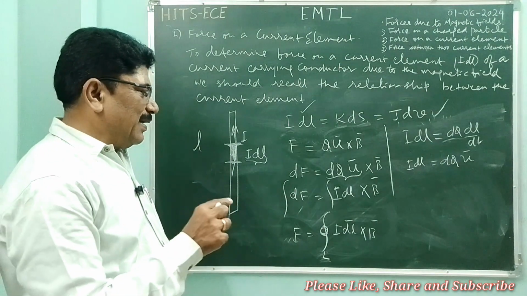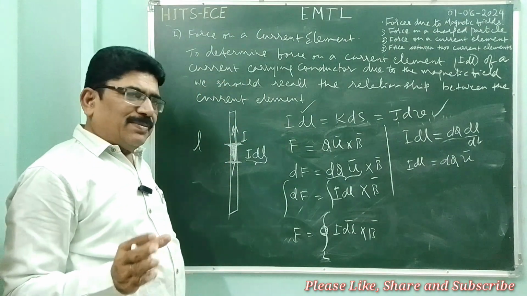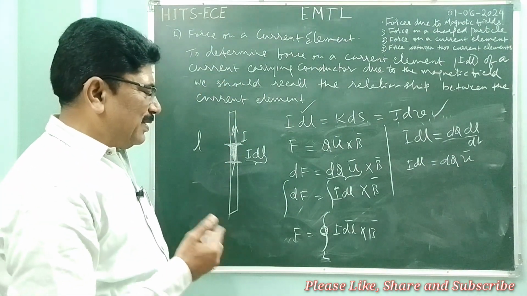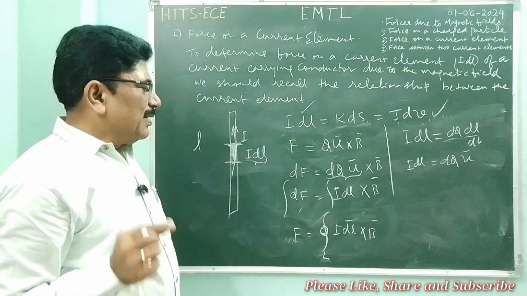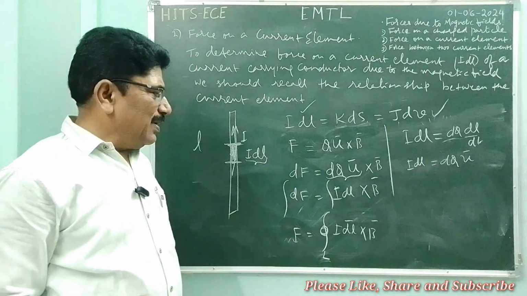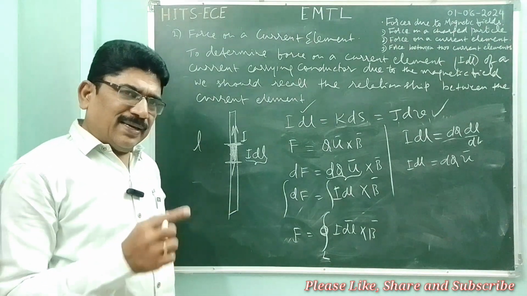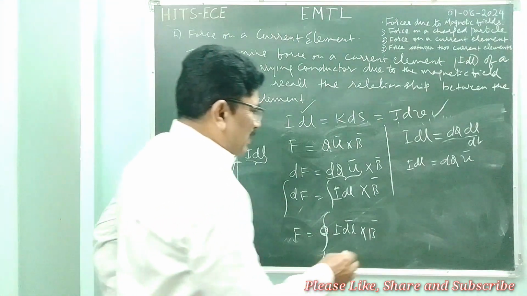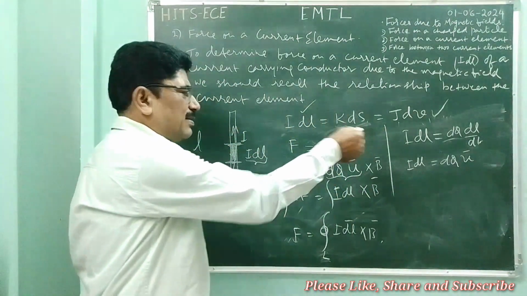That is, whenever this current element is placed in the magnetic field, not a charge. The current element is the rate of flow of charge dq by dt. So I dl is the current element. If it is placed in the magnetic field, the force exerted on this current element is the integral of I dl cross B. And I dl is equal to K dS and also equal to J dV.